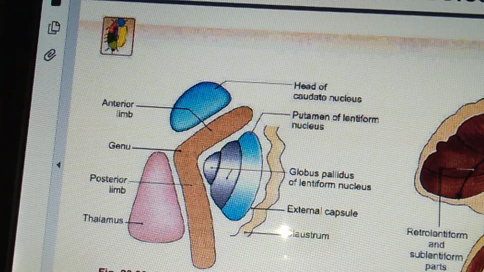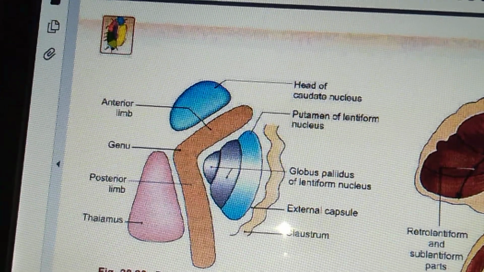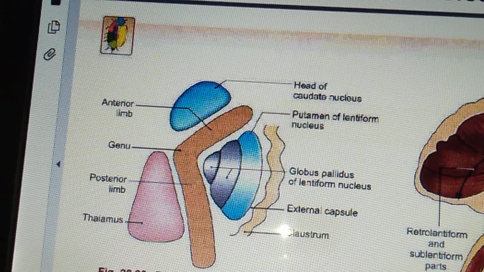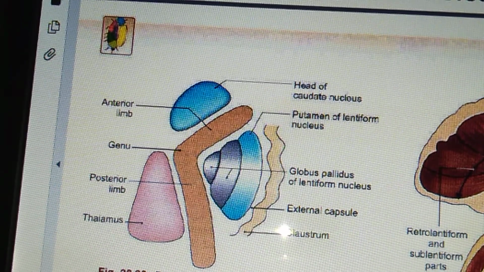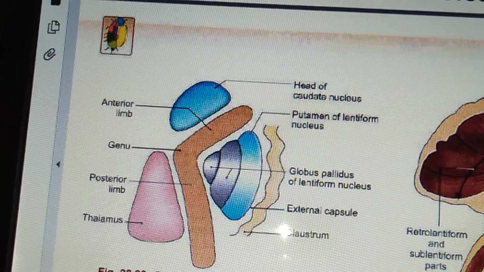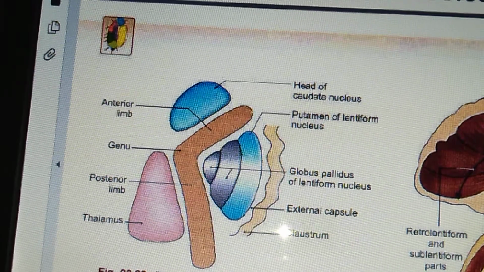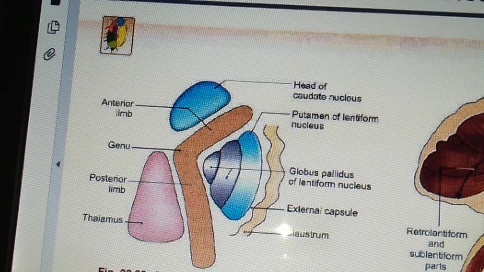Then comes the retrolentiform part that lies behind the lentiform nucleus. Retro means behind. The last is the sublentiform part that lies below the lentiform nucleus. It can be seen in the coronal section, whereas the rest of the parts are seen in the horizontal sections.